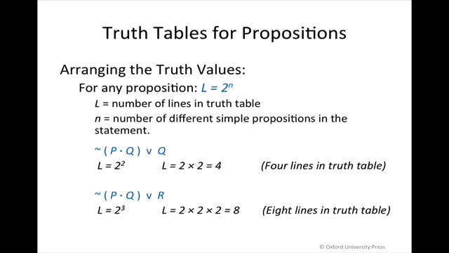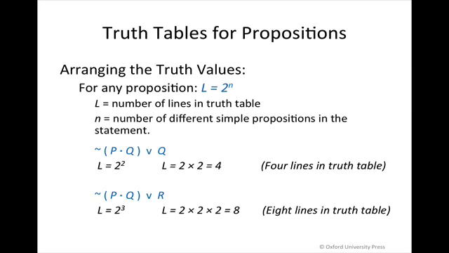With 3 simple sentences and 8 rows of the truth table, you'll again start with half true and half false for P, so 4 true, 4 false, and then half of that, in other words, the first 4 rows are divided, and you get 2 true, 2 false, 2 true, 2 false for Q. And then R, the last sentence, always alternates true, false, true, false, true, false, true, false.